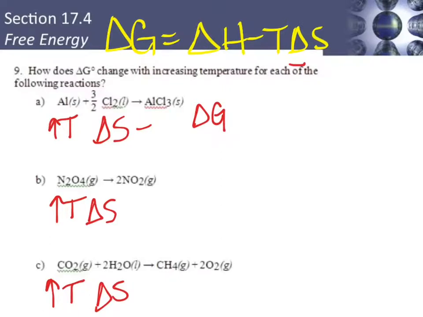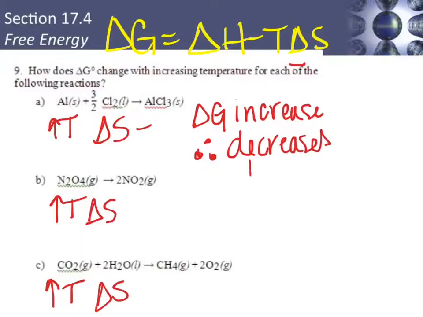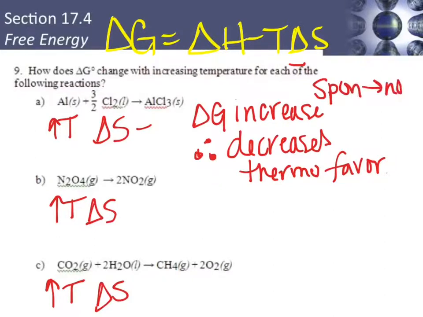It's going to go up, right? So delta G is going to increase. And when delta G increases, what happens to our thermodynamic favorability? It goes down. So it decreases thermodynamic favorability, or it goes from being spontaneous to non-spontaneous.